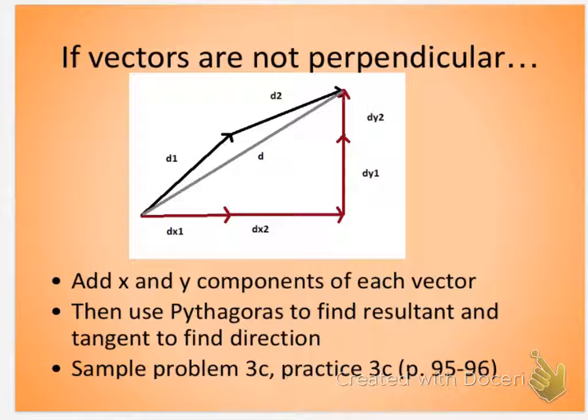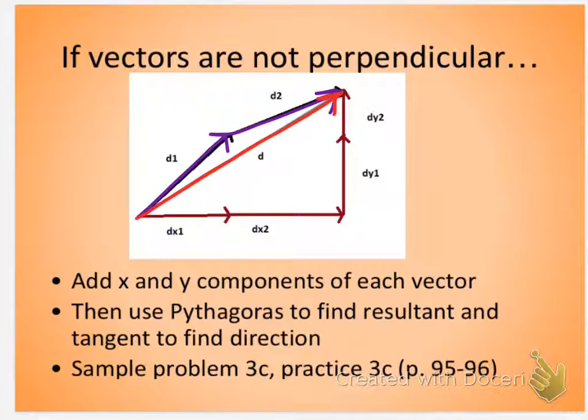Okay? So what we do in these cases, and I'm going to overcolor this, if I have two displacements but they're not perpendicular to one another, my resultant is this thing.